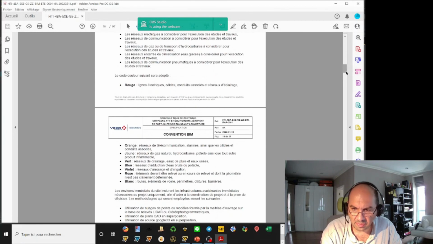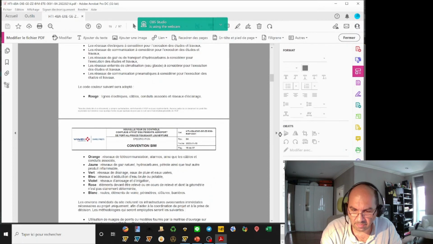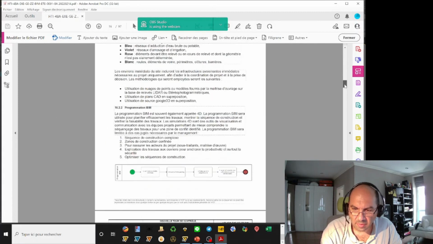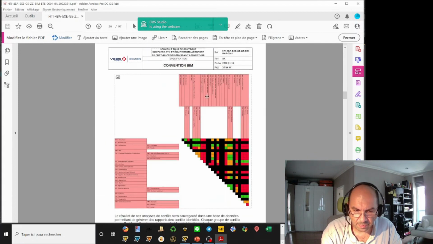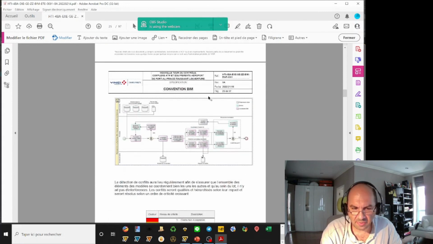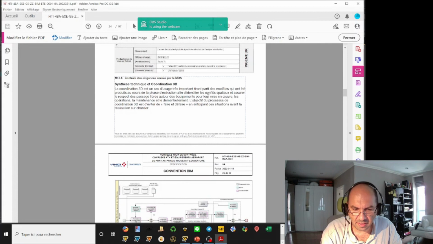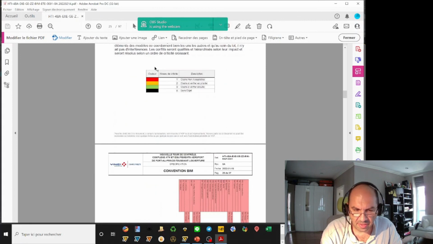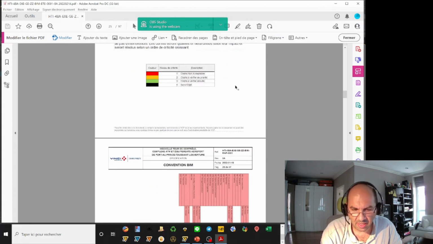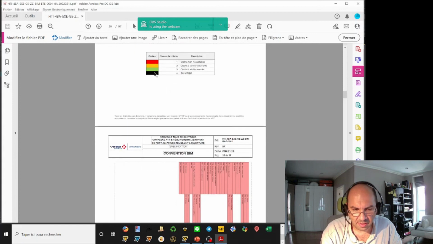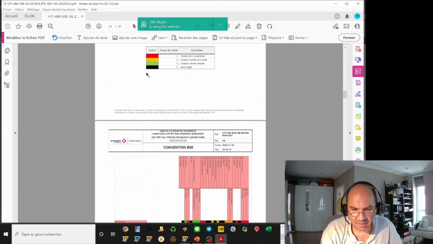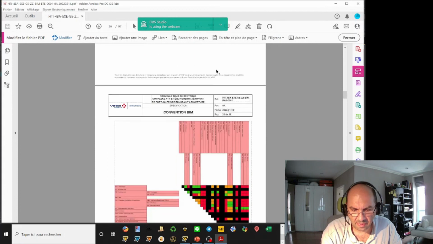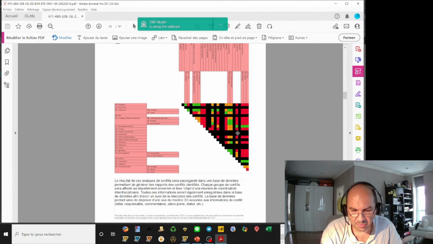And then we go to the section dedicated to the quality and the 3D coordination, where we are explaining the process here, and we are then detailing the way we will deliver this 3D coordination by explaining each one of the critical levels and the clash matrix corresponding to my strategy.